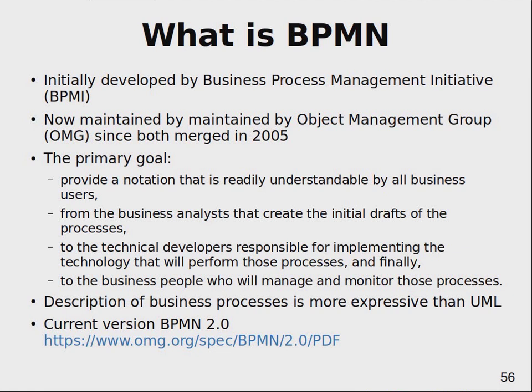Initially it was a competing, different standard, but around 2005 it was also merged together and is now standardized and managed by the same Object Management Group, which also develops and maintains UML as a standard.